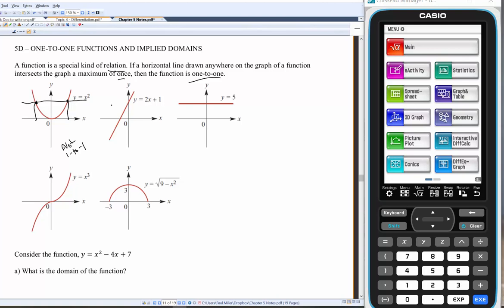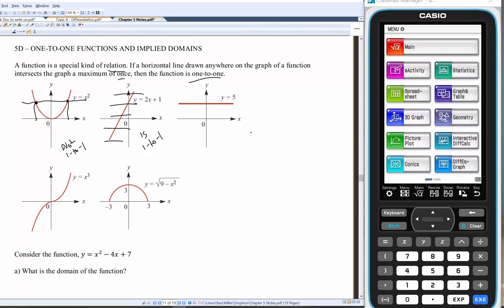Now, this line here, if I draw a horizontal line anywhere through it, I'm only going to hit a maximum of one y value, okay? So therefore, what we say is this is one-to-one. Okay, it's a function and it is a one-to-one function.